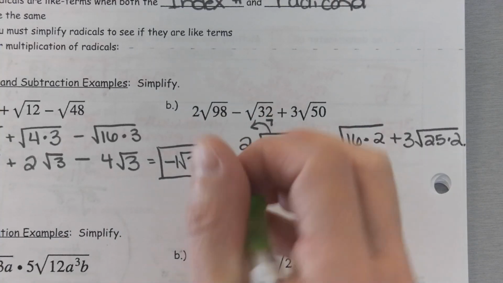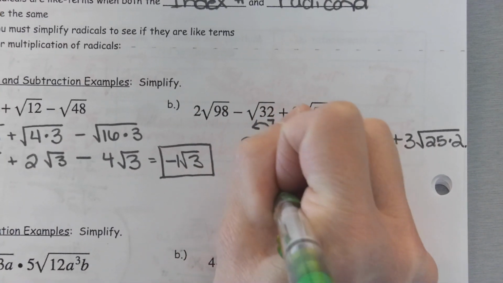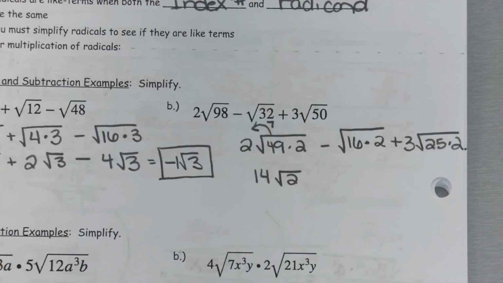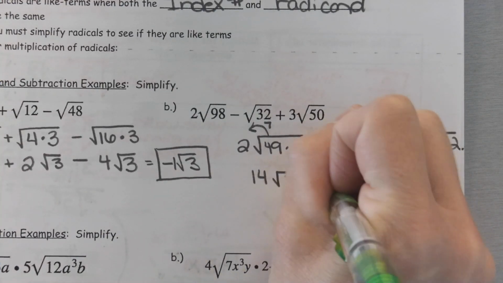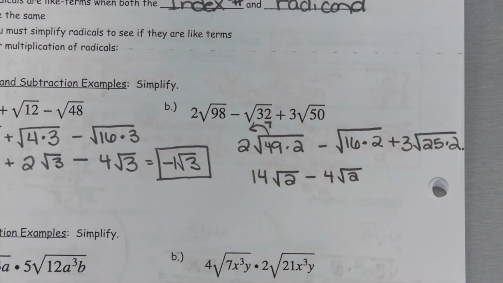So 2 times 7 is, so I have 14 roots of 2. Minus, this one's not tricky because there's nothing out front. What's this one? 4 roots of 2. Do you see how, though, you really are multiplying, right? Because if a 4 comes out front, 4 times 1 is 4. So we were doing it without realizing what we were doing, probably.